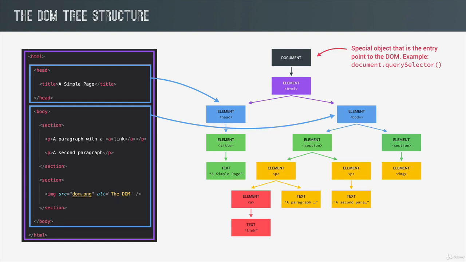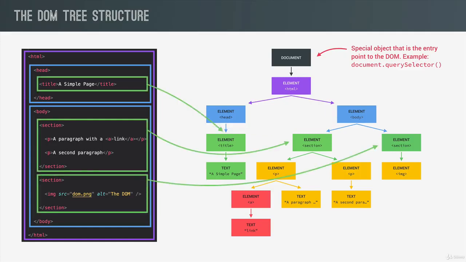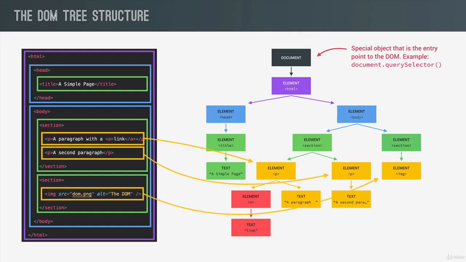So inside head and body, you have more child elements, and the two sections in the body even have child elements themselves. And from there, it goes even deeper, because the first paragraph also has a child, which is this link element here. And with that, finally, we have all our HTML elements in the DOM tree.